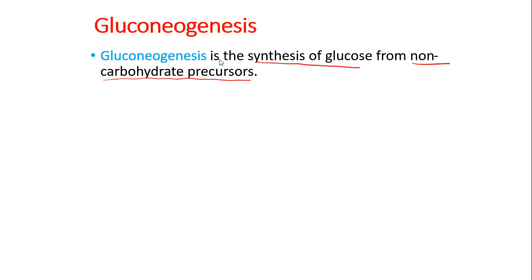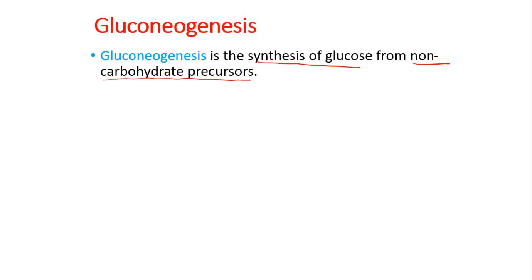We all know that glucose comes from what? Carbohydrate. The breakdown of carbohydrate can lead to the formation of glucose. Now, when you talk of gluconeogenesis, this is where the body uses a non-carbohydrate precursor to come up with glucose.